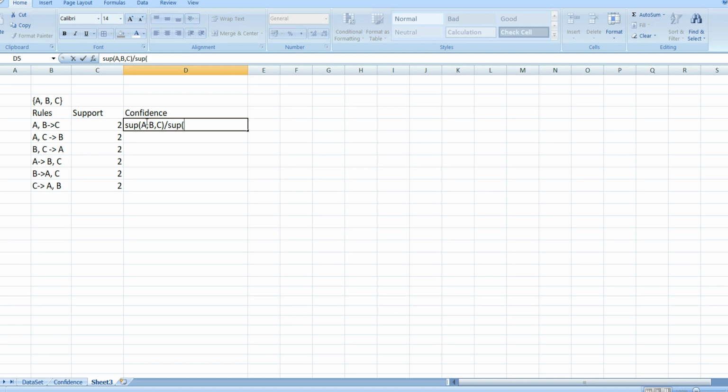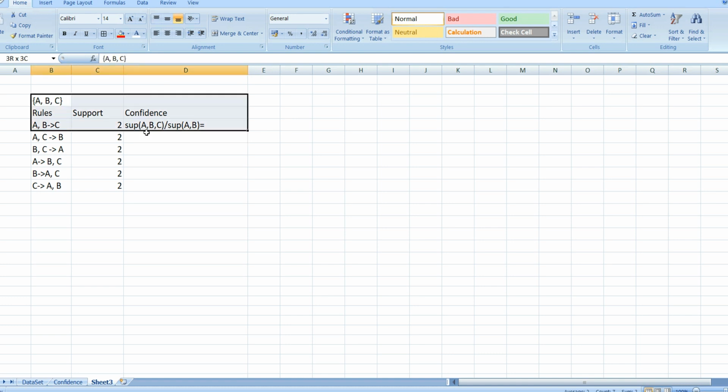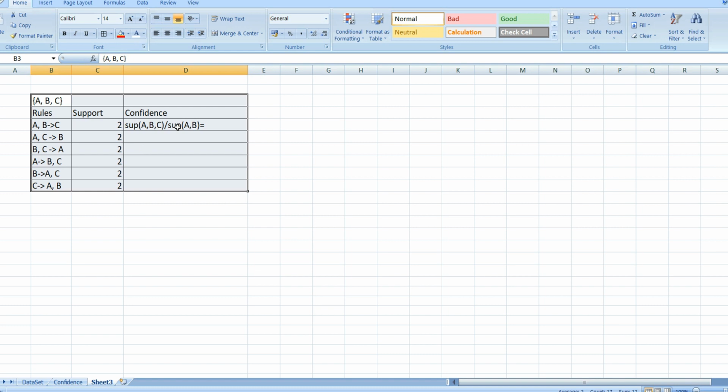The support of the antecedent in our case is that, which gives us a value of, let's just leave that for now and let's make this more visible.